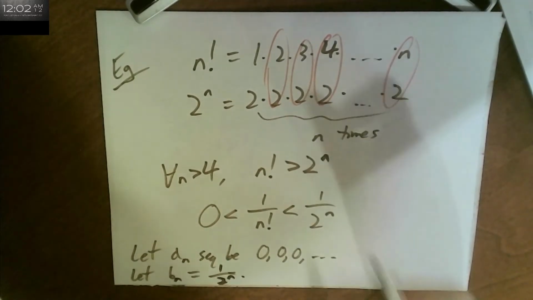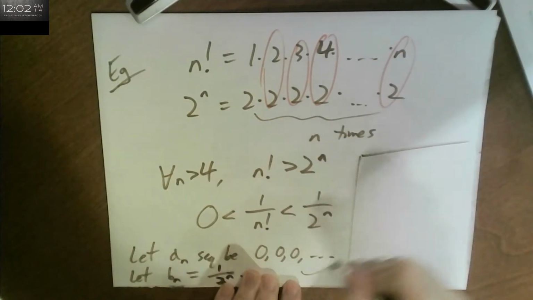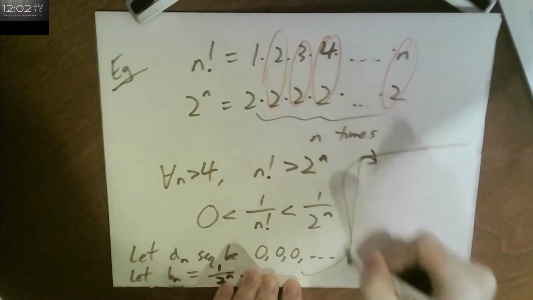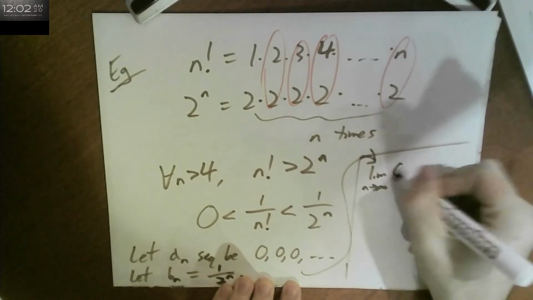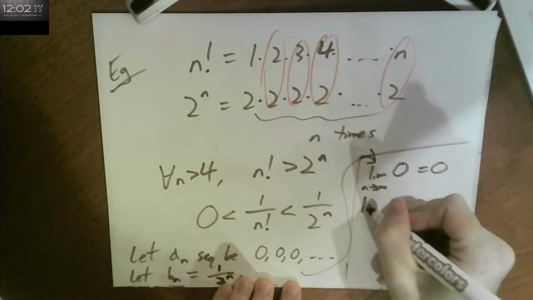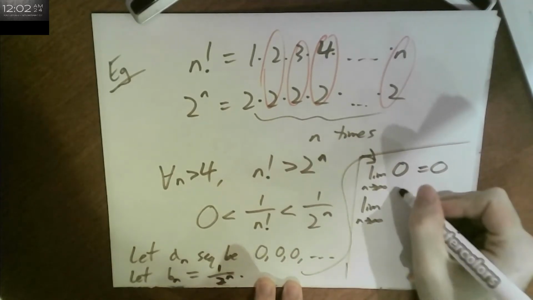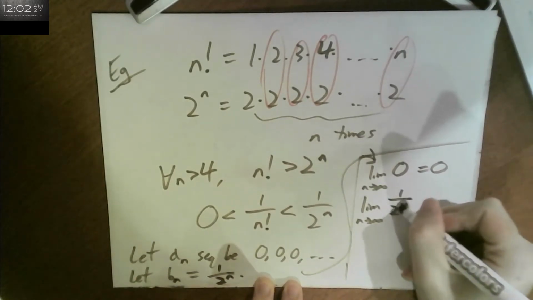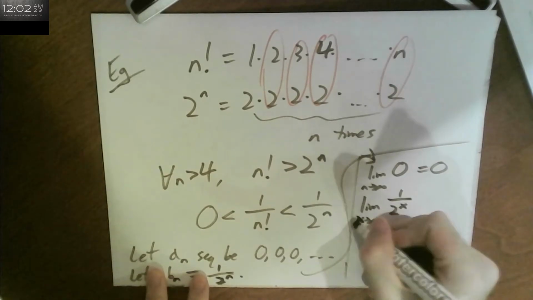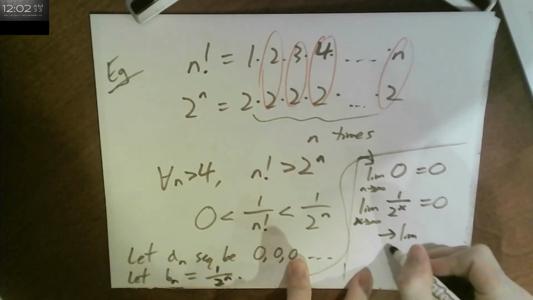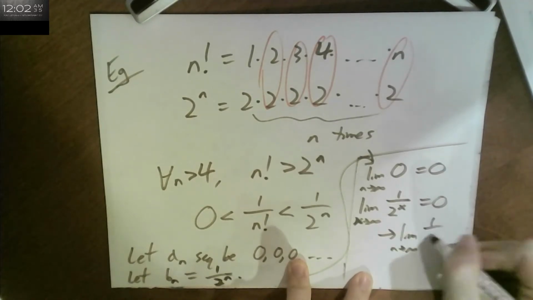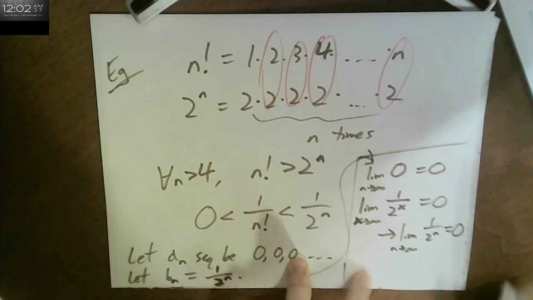And I claim that we know, certainly, the limit as n goes to infinity of 0 is 0. We know that the limit as x goes to infinity of 1 over 2 to the x is 0, and therefore the limit as n goes to infinity of 1 over 2 to the n is 0.